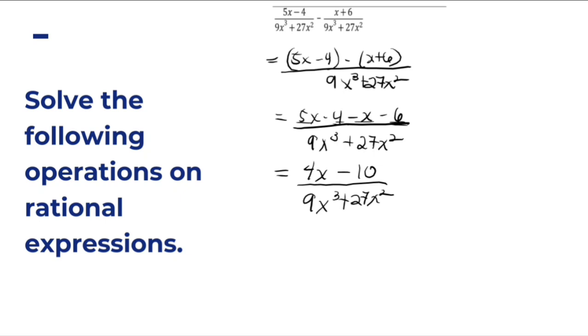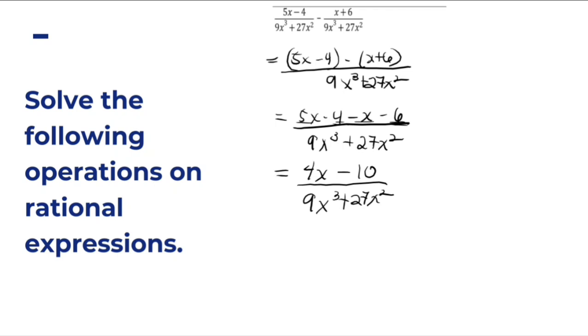Since there are no more similar terms, you can just look if you can still simplify your rational expression. And again, to simplify, you may just take a look at their factors and see if you can cancel any common factors from the numerator and denominator.